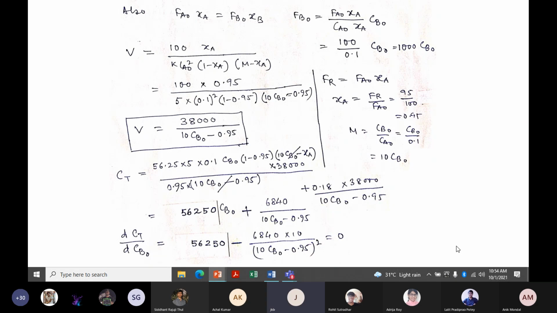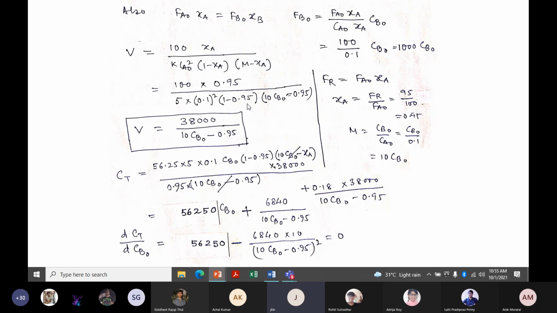Then you differentiate here, not in terms of conversion. Here CB0 is the variable. So this total cost you have to differentiate in terms of CB0. And conversion is fixed, 95% it is given.